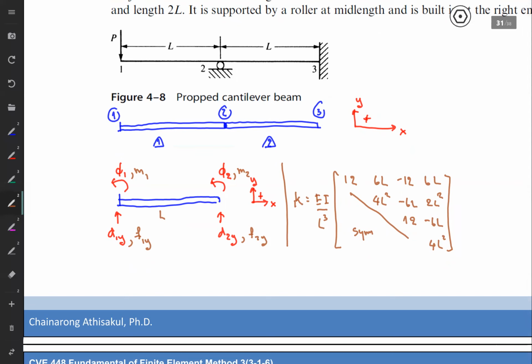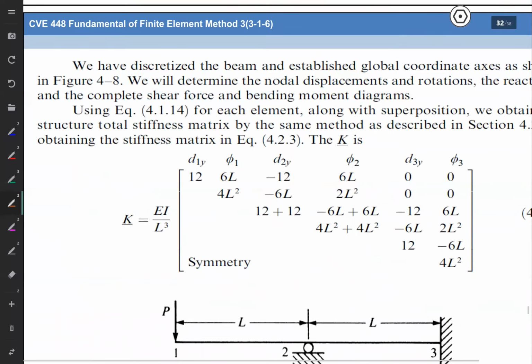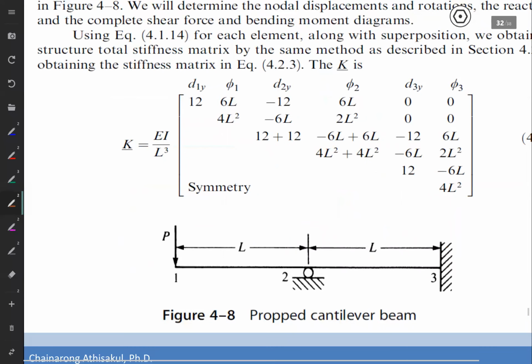After that, we assemble them together. Element number 1 and element number 2 are connected together at node 2.